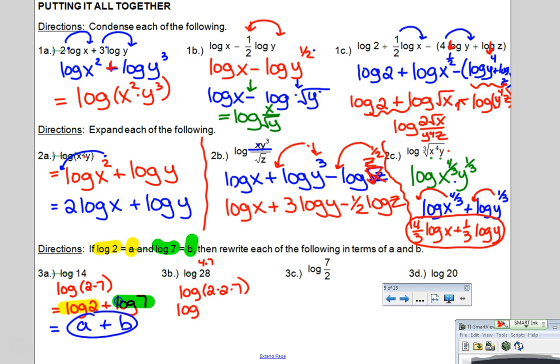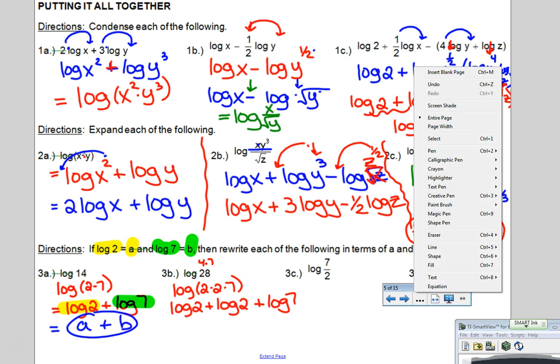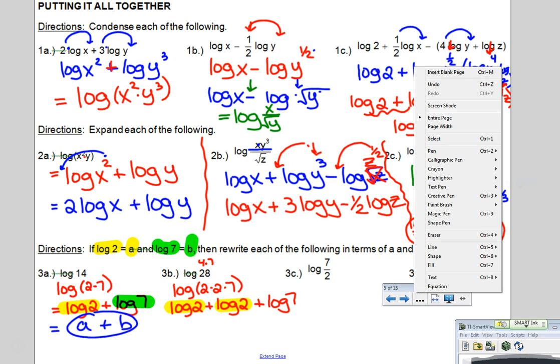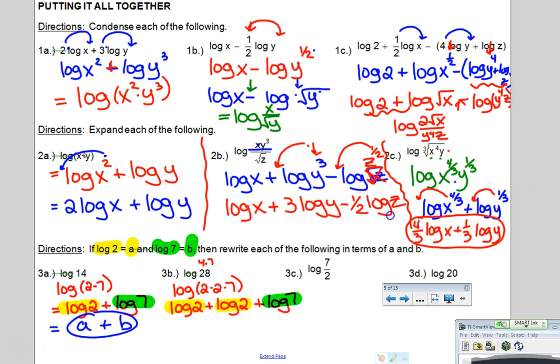So I have the log of 2 plus the log of another 2 plus the log of 7. So I now can see an actual log 2. The log 2's, I can now replace those with a's. And then the log 7, I can replace that with a b. So that's a plus a plus b, which we would just write then 2a plus b.